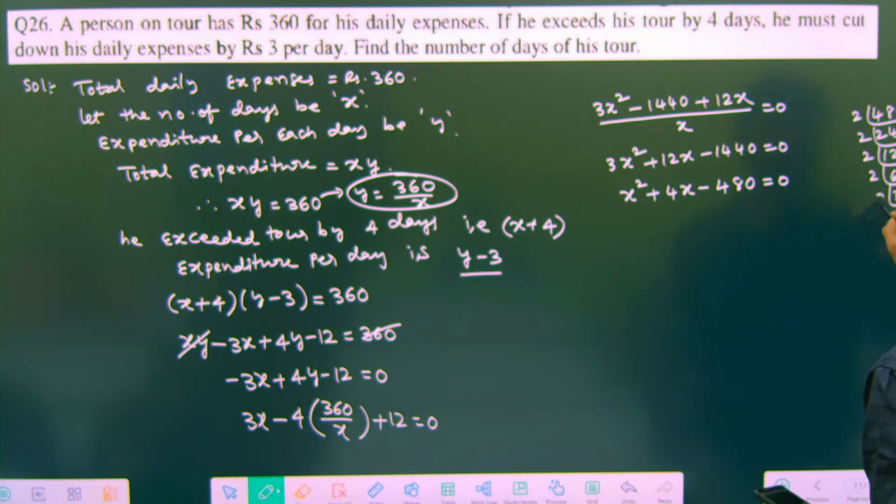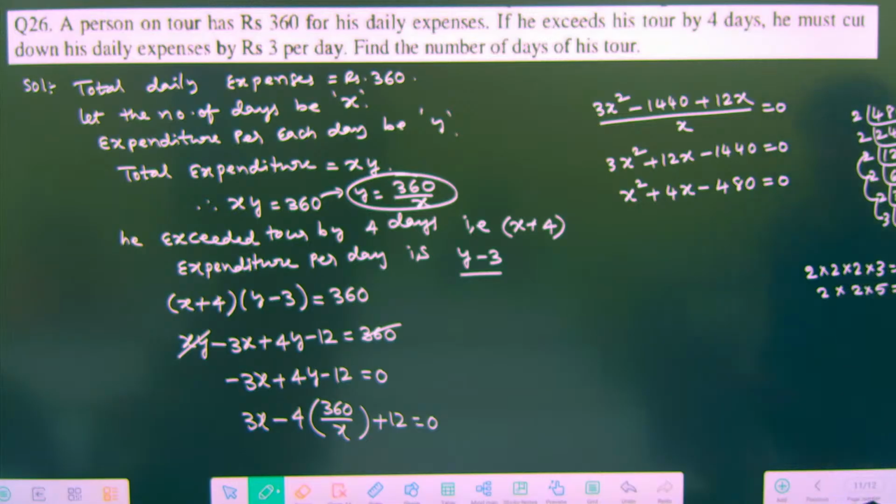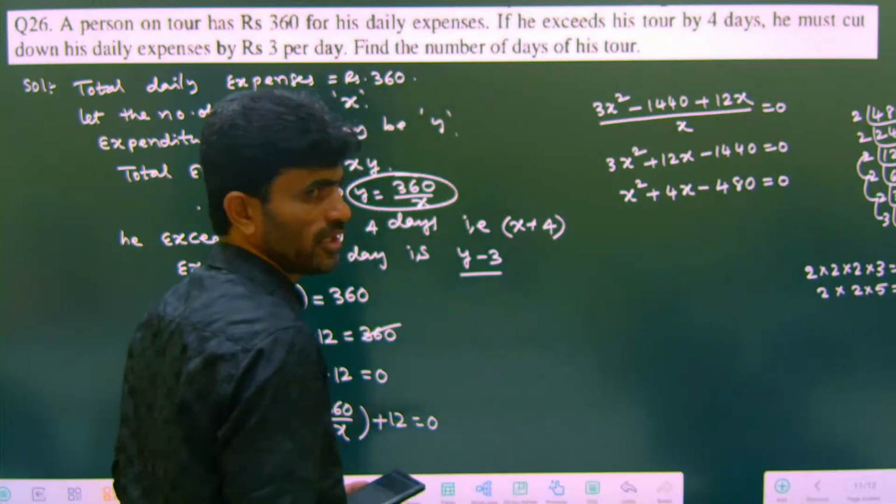So now, different combinations. One more combination is 24 into 20.